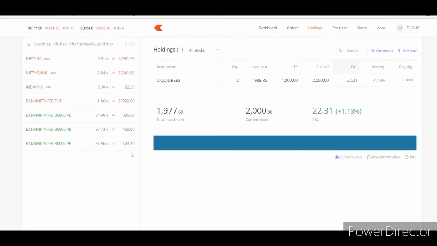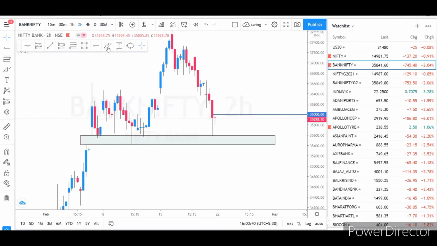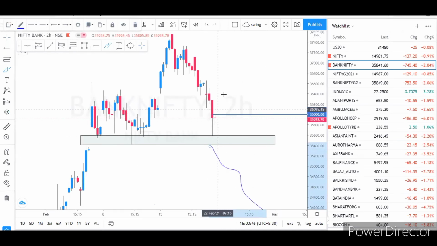What are the drawbacks of this? The first drawback is that the margin is very high. You need to have around 2 lakh or around 1.8 lakh in your account to sell one lot of Bank Nifty. Moreover, what happens if the market in the coming week falls heavily? Our expectation is that the market will be above 36,000, it might go up or it might stay flat.